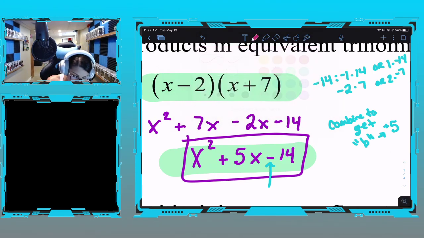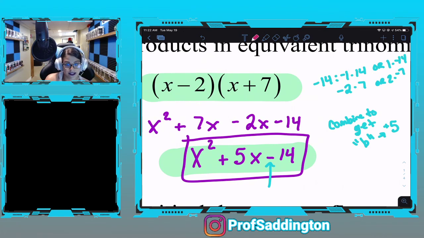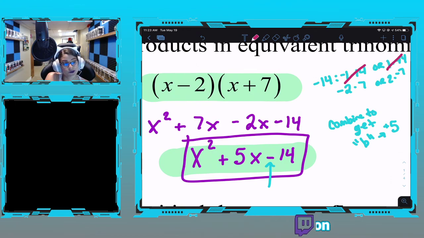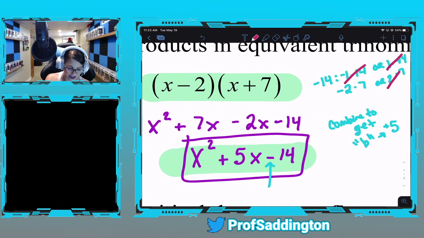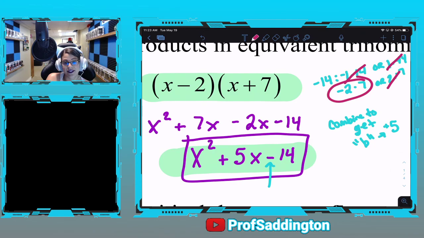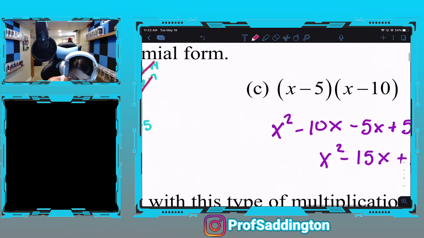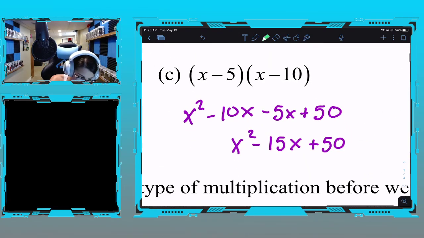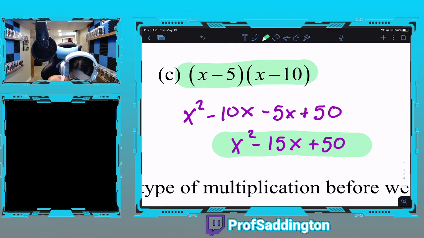Well, negative 1 plus 14 is 13, so that's not going to work. 1 and negative 14 gives me negative 13, so that's not going to work. 2 and negative 7 gives me negative 5, so that's not going to work. But negative 2 and a positive 7 give me a positive 5. So that one does work. So let's try that again. Okay.